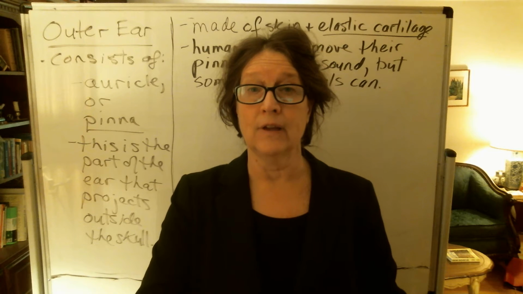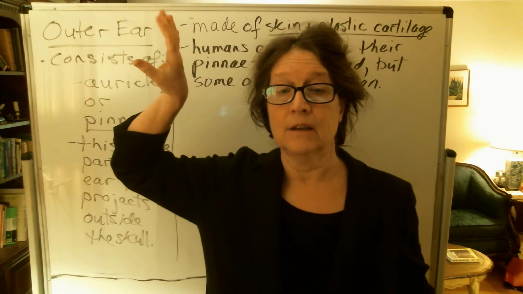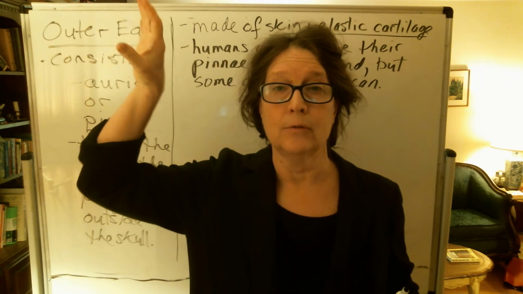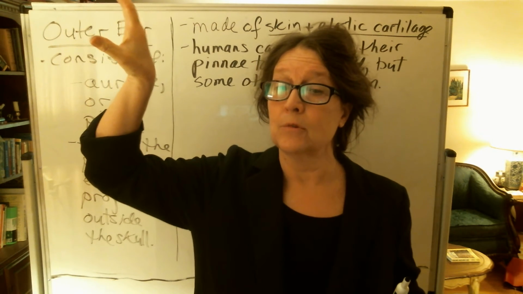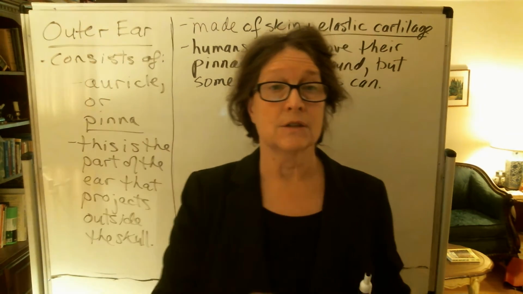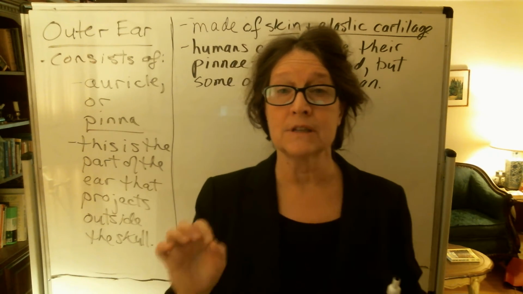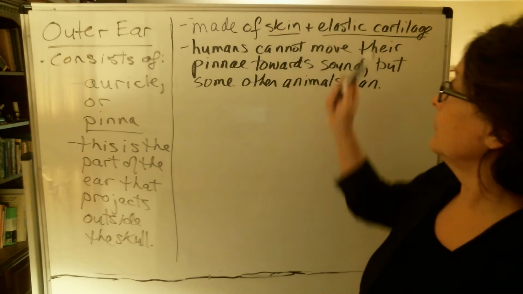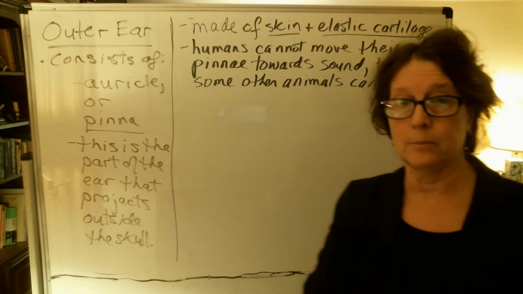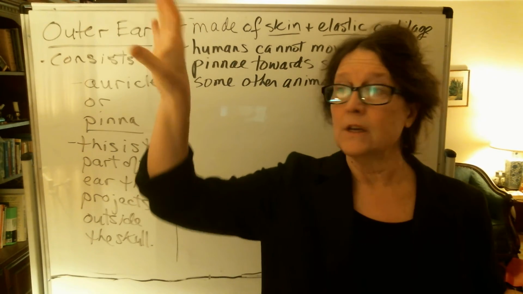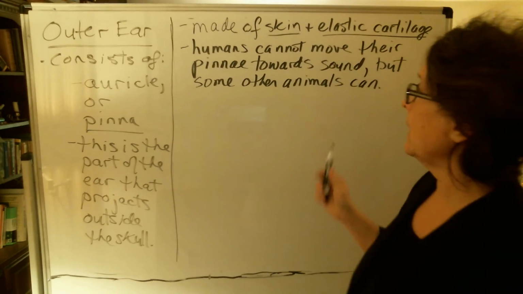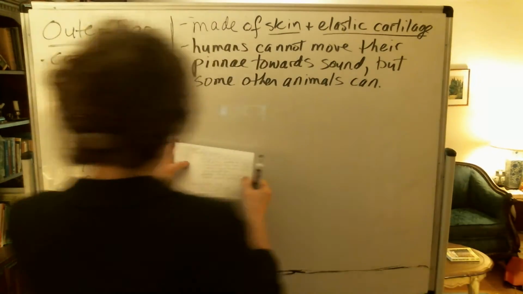Whereas if you have had a cat, you know that they can move their ears around and orient them towards the sound. Horses can do that. There are various kinds of animals that can move those pinnae, those sound bells, around so that they can be oriented towards a sound. We can't do that. So our pinnae are pretty much fixed.